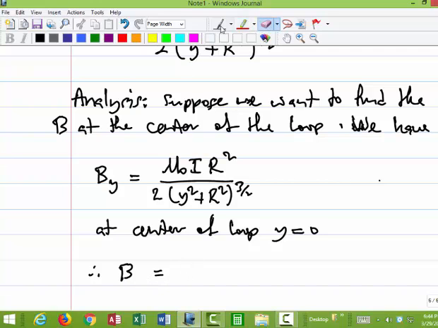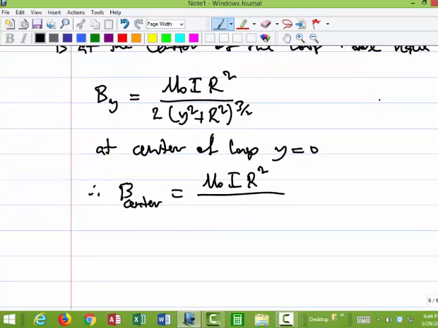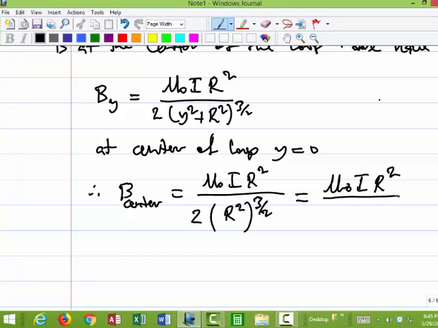Therefore, our magnetic field B at the center of the loop is going to be equal to mu naught I R squared. And what will we get if we use y equals 0? 2R squared raised to the power 3 over 2. So what is R squared raised to the power 3 over 2? R cubed, right? So it's going to be mu naught I R squared divided by 2R cubed.